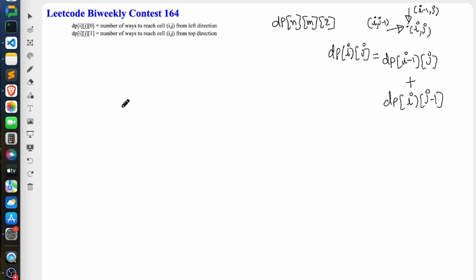So for this particular case, let's say this is my cell i comma j, and this is cell i minus 1 comma j, and the left cell is i comma j minus 1, right? Let's consider the case when this cell is empty.